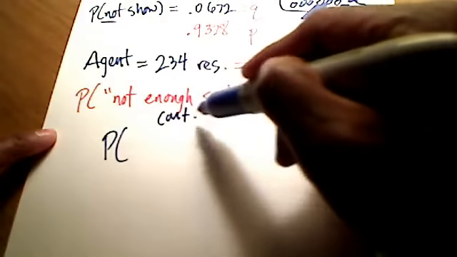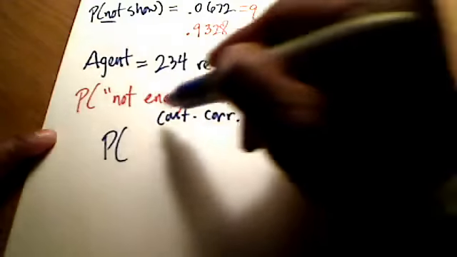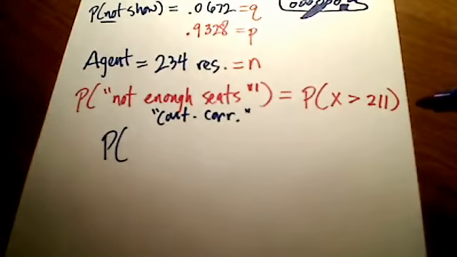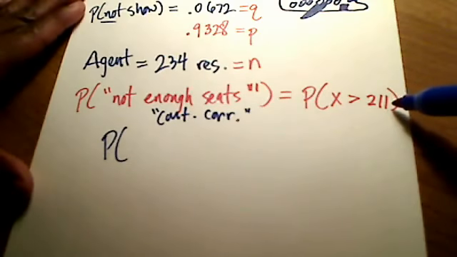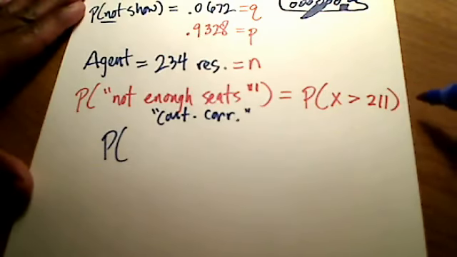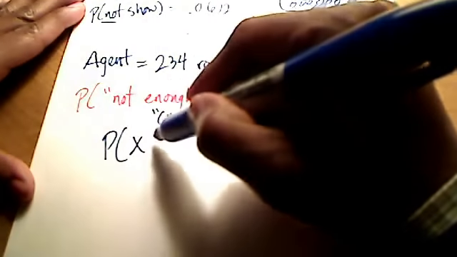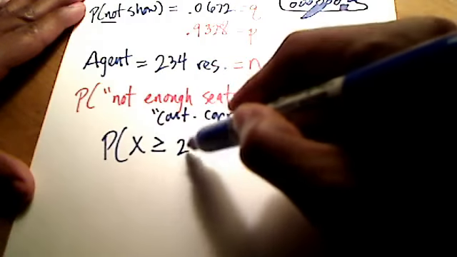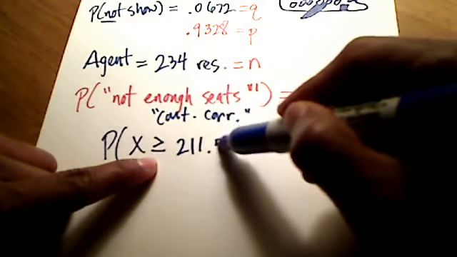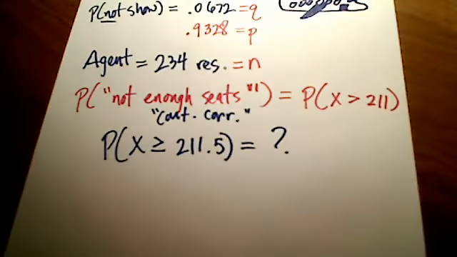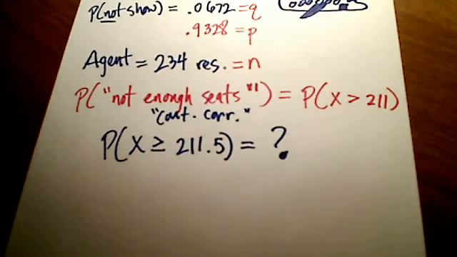This concept of continuity correction is covered in a previous video that I have recorded, so maybe you can find that. Since I do not want to include 211 but greater than 211, continuity correction says I'm really looking for x being greater than or equal to 211.5. Continuity correction going on there.